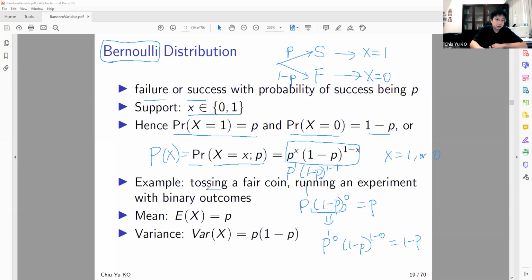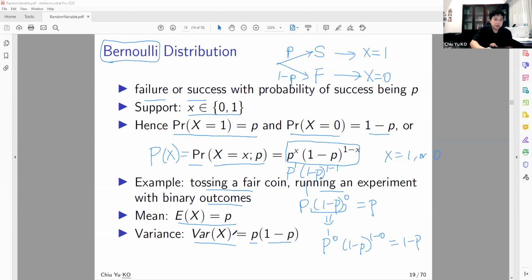You toss a coin, run an experiment, with a binary outcome, okay? Now we'll prove it soon, but the mean is P, the variance is P times (1 minus P), okay?